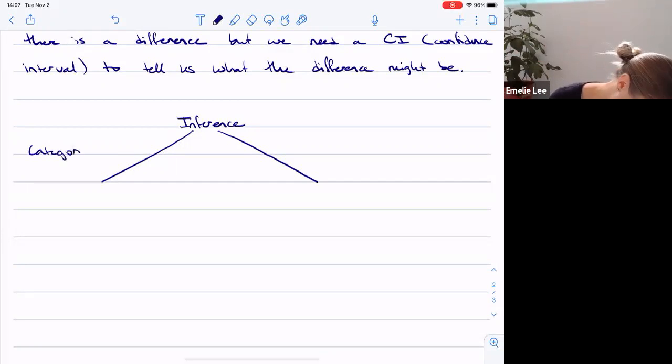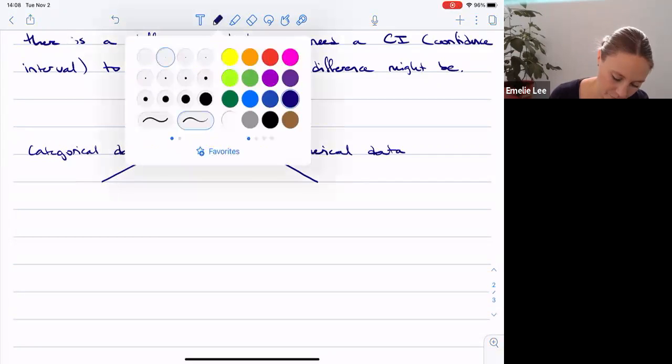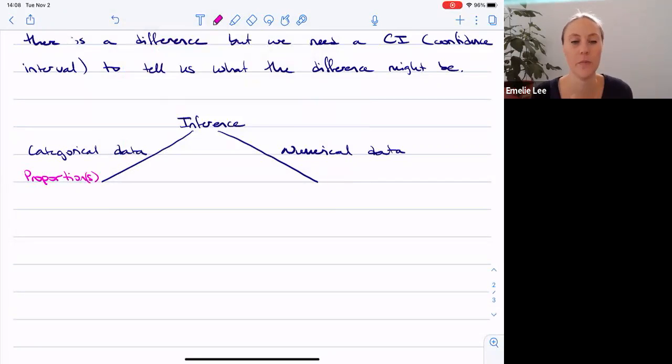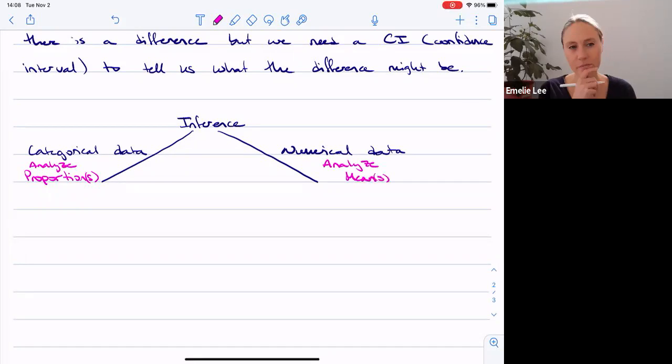So categorical data and numerical data. Categorical data, we typically analyze proportions, potentially plural. And numerical data, we're going to analyze means.